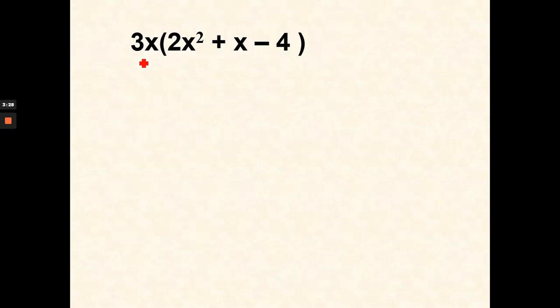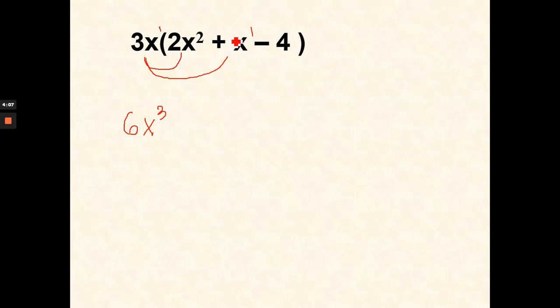Let's have this one: 3x multiplied by the quantity 2x squared plus x minus 4. In order not to be confused, let us put the exponents. The exponent here is 1 and here is 1 also. So do the same thing, apply the distributive property of multiplication. 3 times 2 is 6. For x, you just add the exponents: 1 plus 2 is 3. The next one, 3x times x.